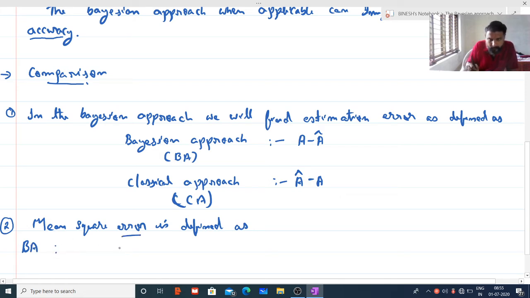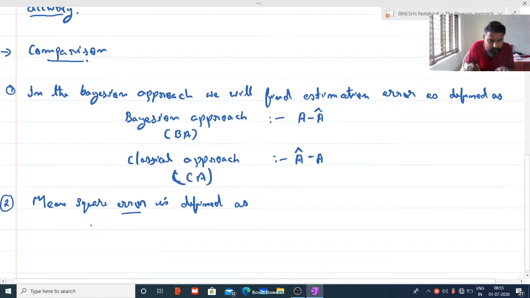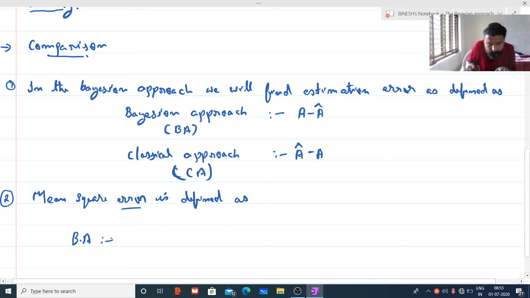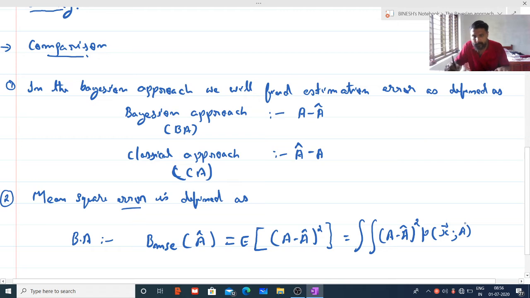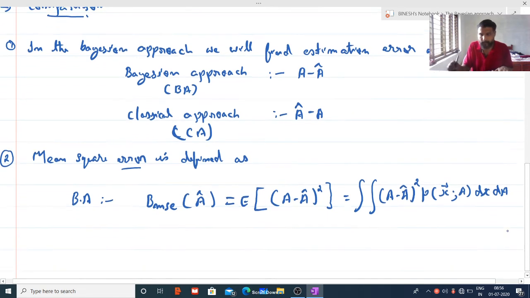In the Bayesian approach, the mean square error is defined as BMSE of A cap, which is the expectation of (A minus A cap) squared, which is nothing but the double integral of (A minus A cap) squared times p of x, A dx dA.